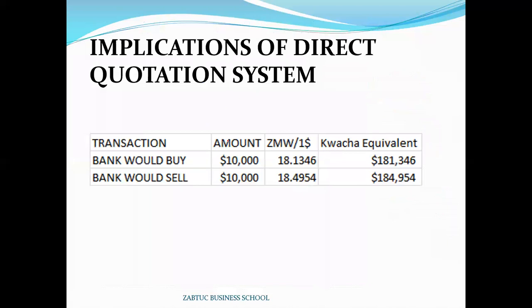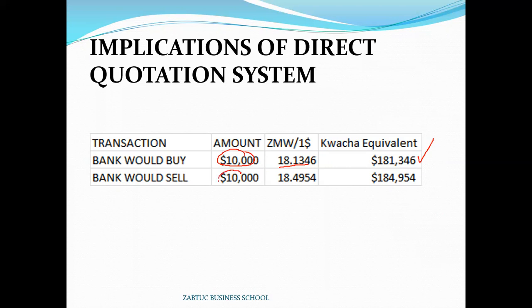Further, on that particular day, the bank would buy $10,000 from Mr. Piri. So if I have $10,000, I give the bank buying from me at this rate. Okay, so what will happen? The bank would give me this amount of money. The bank will buy $10,000 from me.